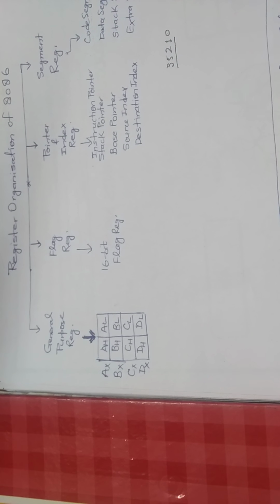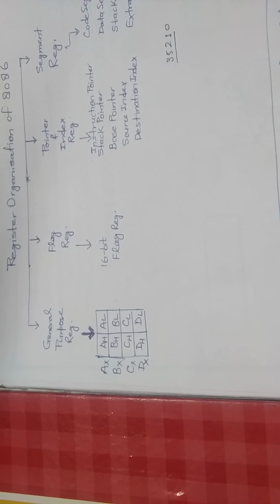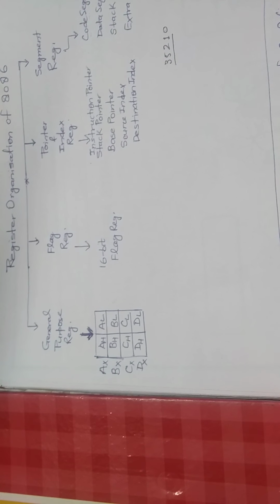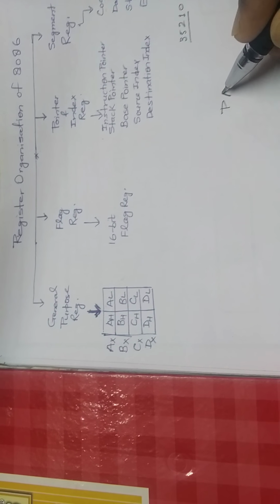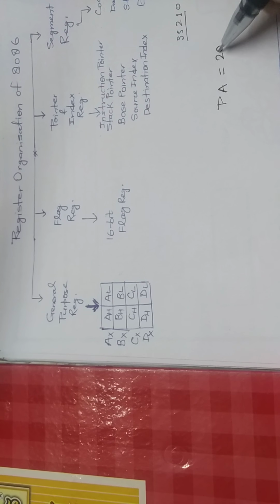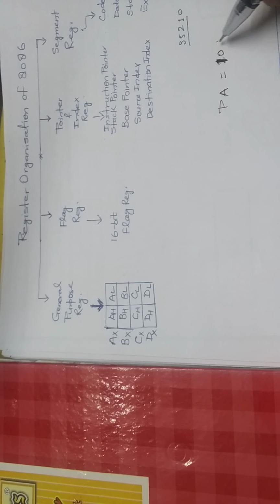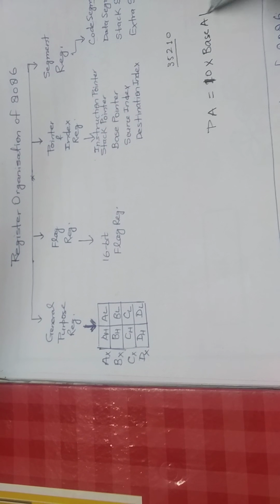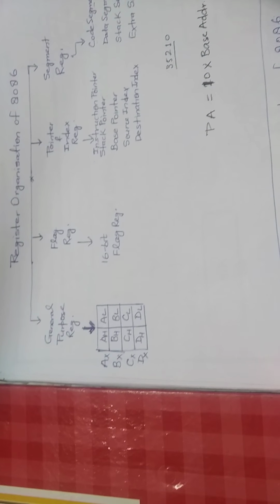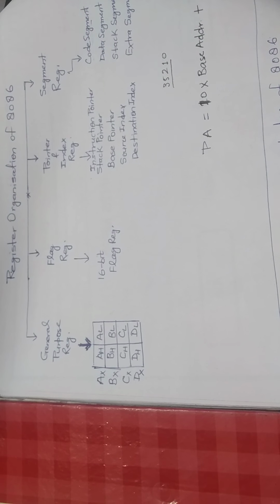The complete 20-bit physical address of the memory can be obtained from the base address as well as the offset address, and it is given as physical address equals 10 times base address plus offset address.